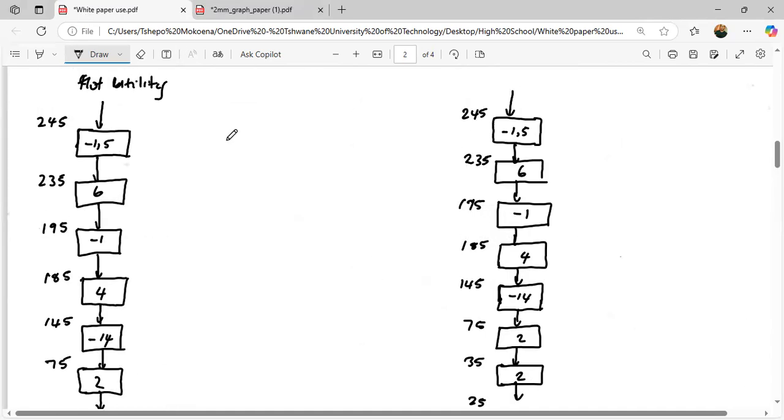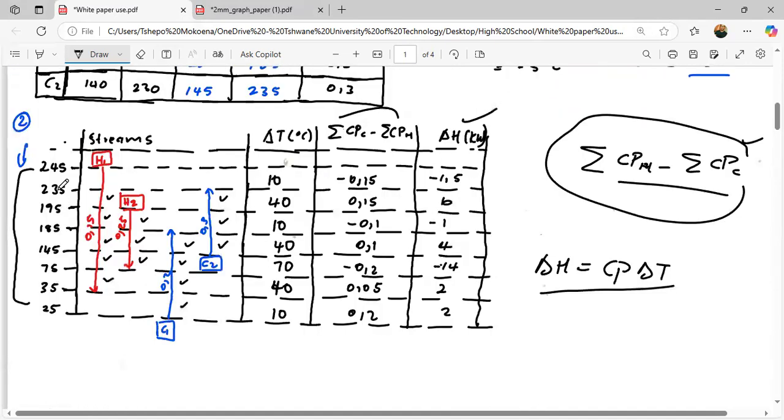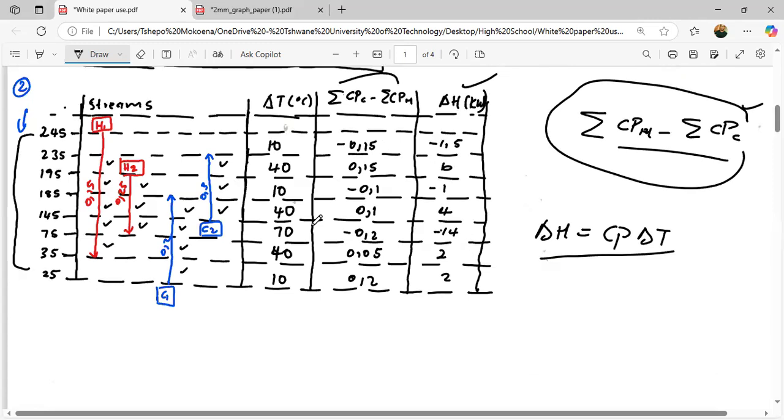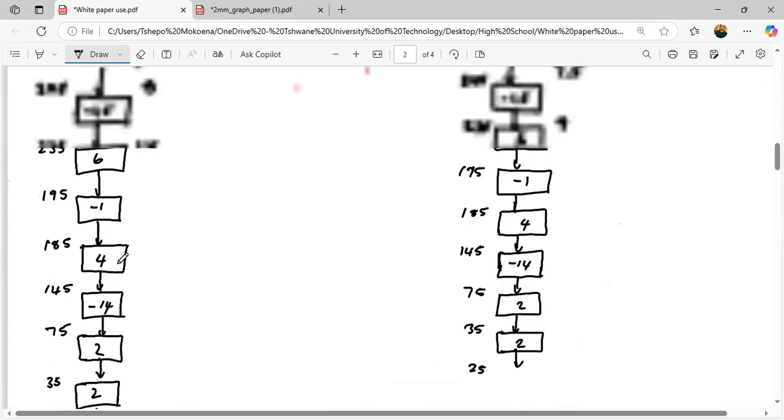So now, in this cascade, how did I design this cascade? It's simple. All of these temperatures that you see on this side, I literally took them from here. I took them from this side. Okay? And then I'm going to take all of these delta H values and then I'm going to put them inside of these rectangular shapes.